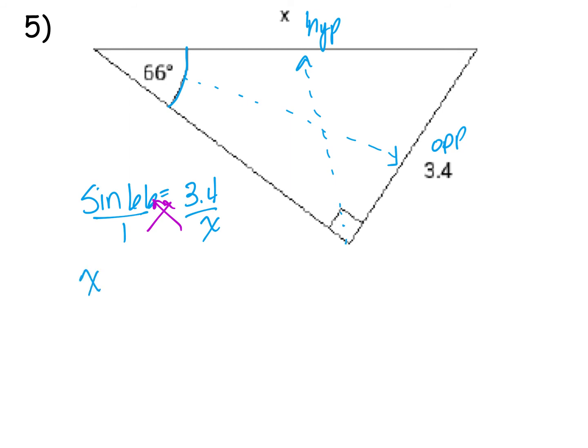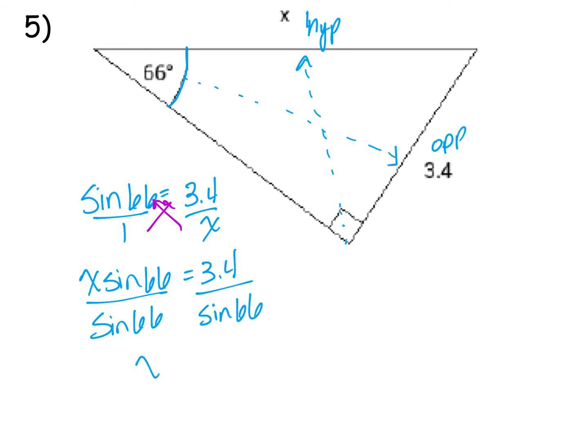So I get x sine of 66 equals 3.4. To get x by itself, I'm going to divide by the sine of 66. So x is approximately going to be equal to 3.4 divided by sine of 66, which is 3.7.